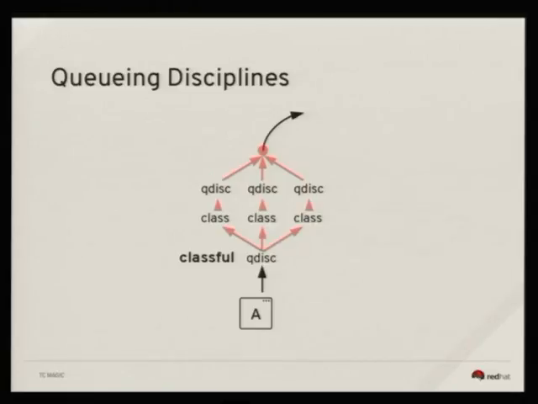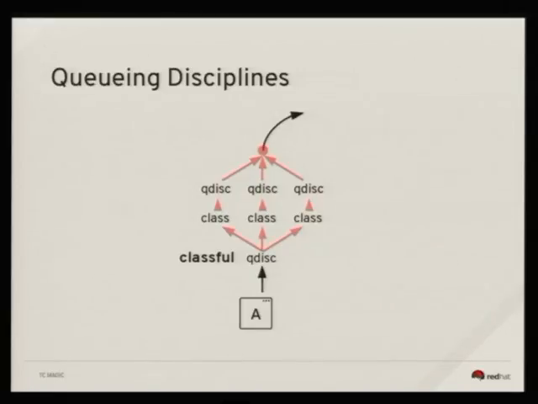Well, to what class? That depends on the Qdisc. So different Qdiscs do that differently. They just do some magic and select the class to put the packet to, depending on criteria that are usually configurable, but not of much interest to us.